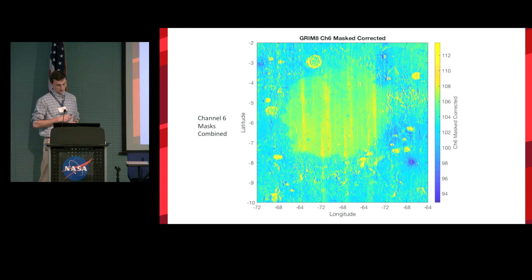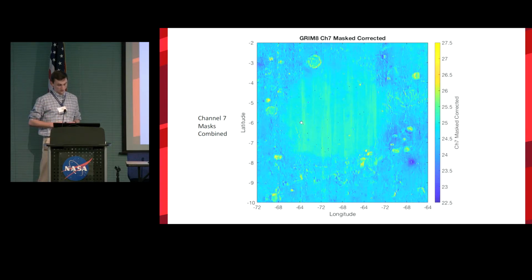And Channel 7, being spectrally bland, has much less of a difference visible, although the seam is more subtly still apparent.